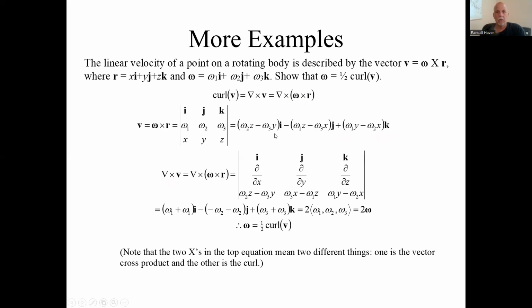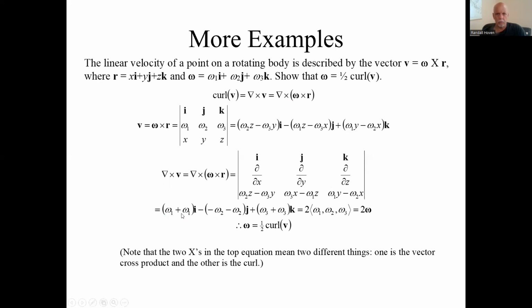So the curl of V. This thing. Here's our P. Notice the sign. So it's now omega 3 x minus omega 1 z, and then r. Take the curl. Let's see. The first thing is going to be this with respect to y, which will be omega 1 plus omega 1.